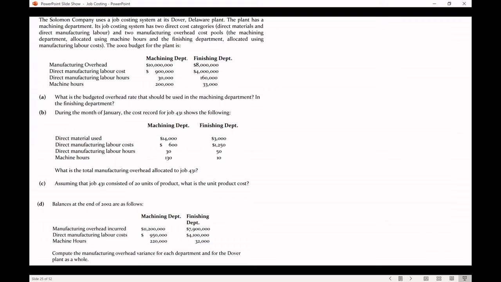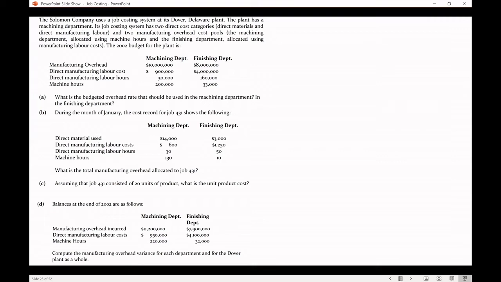That discrepancy between your budget and what actually happened is your variance, right? So it's actual overheads minus your allocated overheads. And in this case, it's going to be based on each department and then for the business as a whole. So let's look at the machining department.